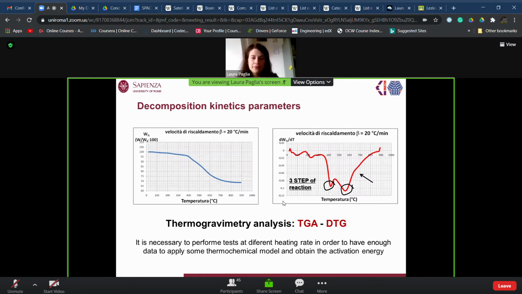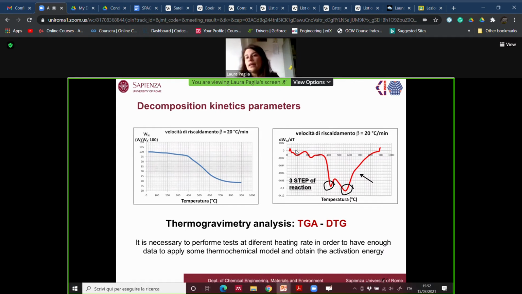When I have to deal with this thermochemical model, I have this equation with which I can rebuild the thermogravimetric curves. So what I do is a method with which I can rebuild these curves.